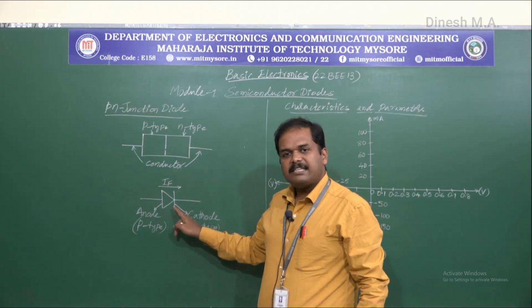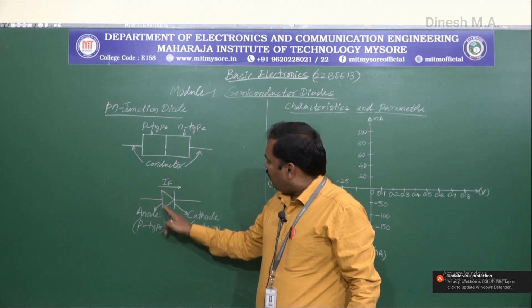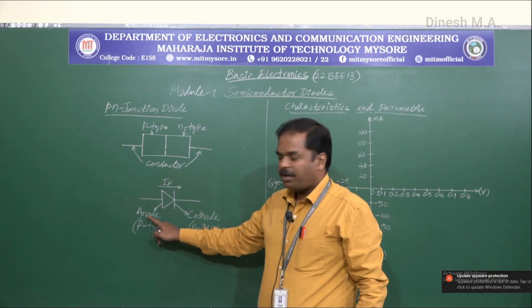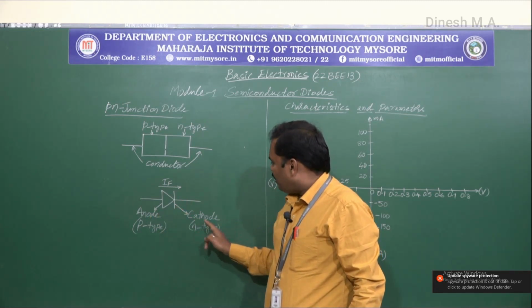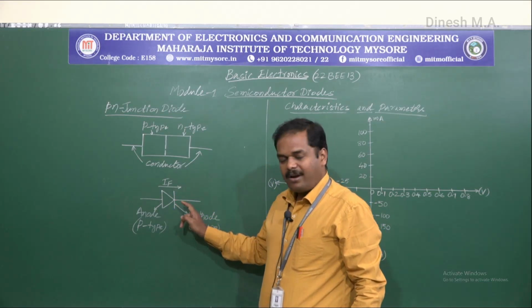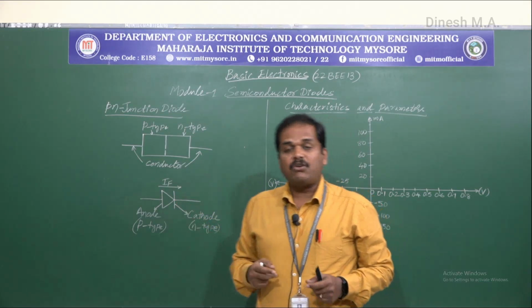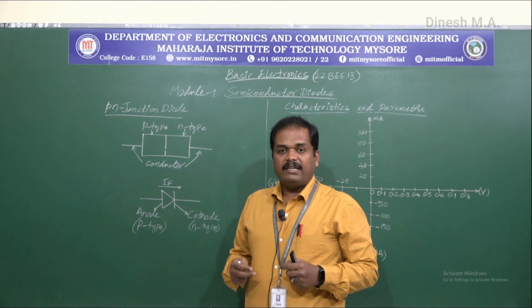And this is the symbol of the PN junction diode. The terminal at the P-type is the anode terminal, and the terminal at the N-type layer is the cathode terminal. This arrowhead indicates the direction of the conventional current that flows through the diode when the diode is forward biased.